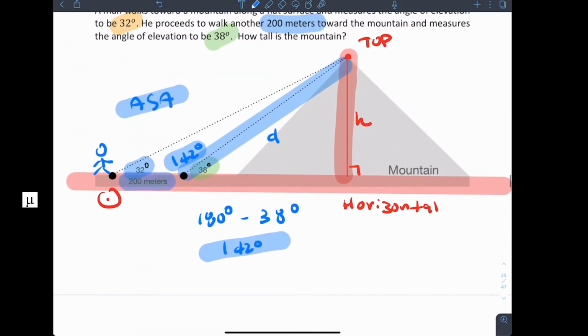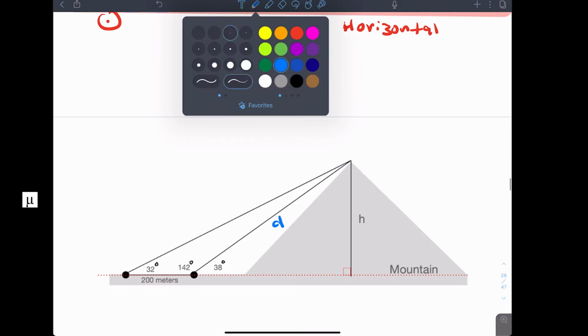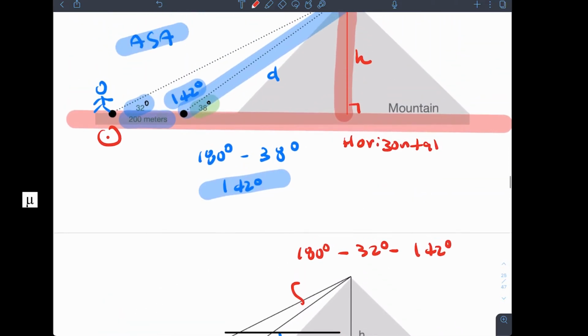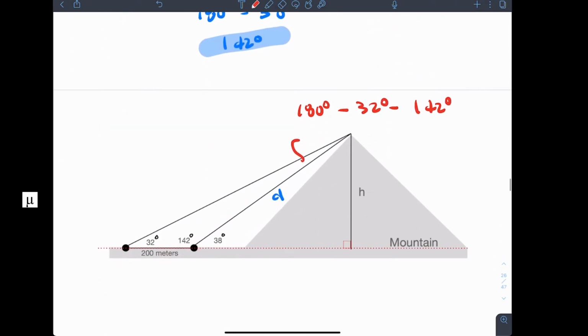We know this. We got to find this angle here, right? 180 minus 32 minus 142. Let's make sure that that is correct. So what do we get? What's that little angle? In that 174, is that 6 degrees?